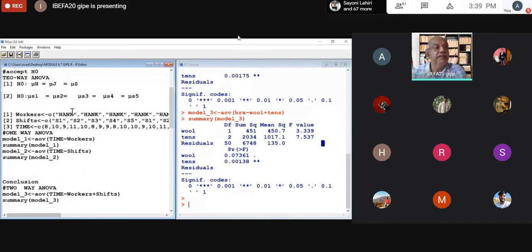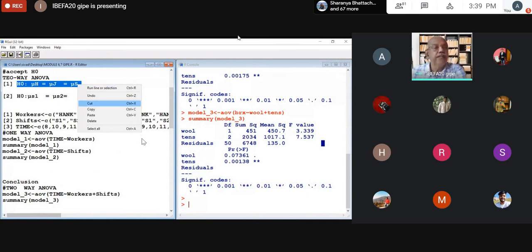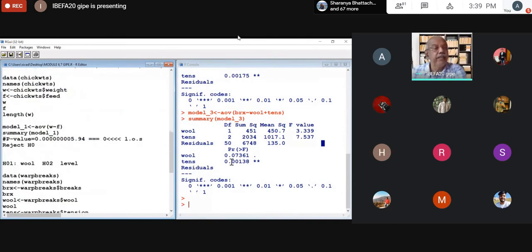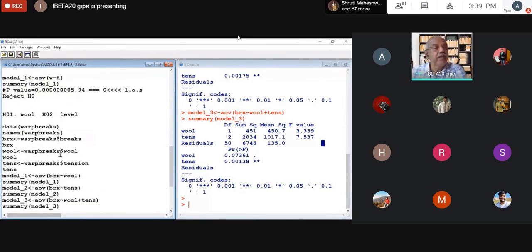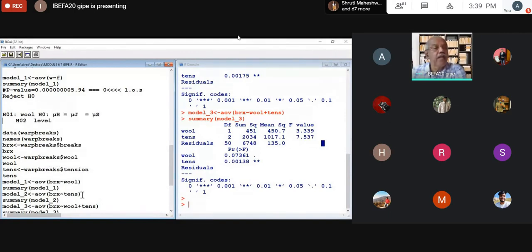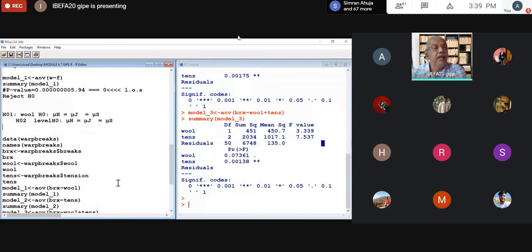Two parameters. So mu of A is same as mu of B. Okay?